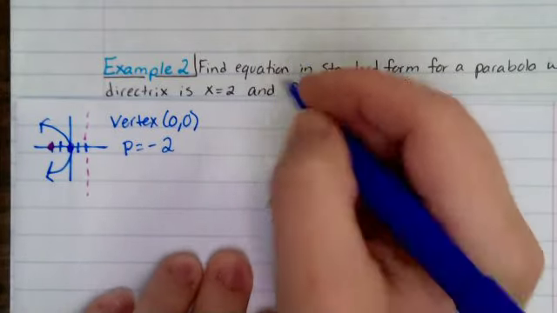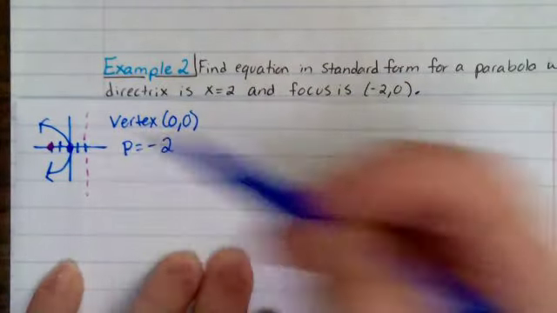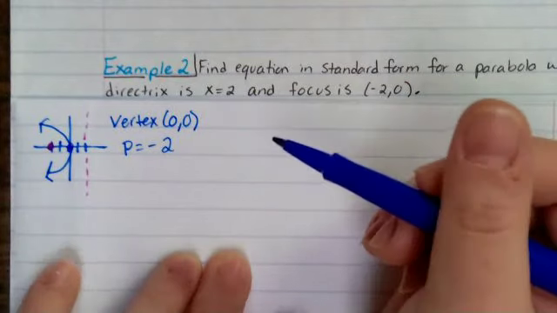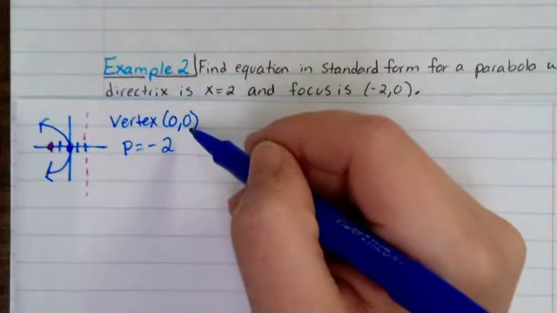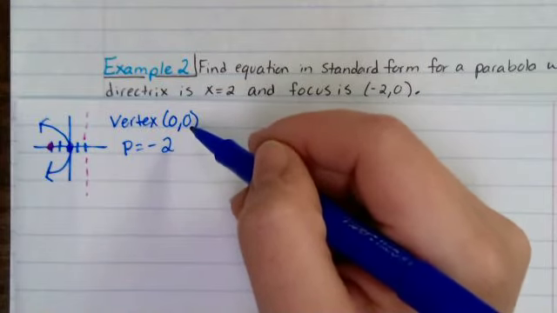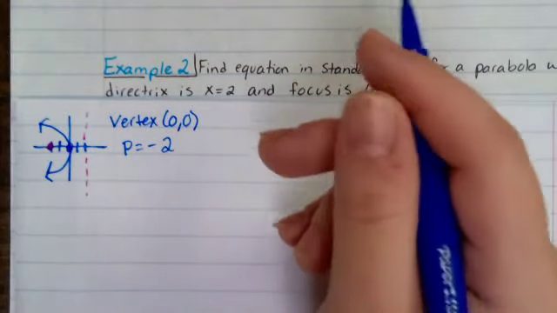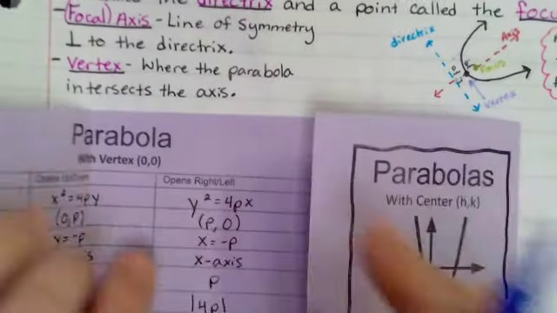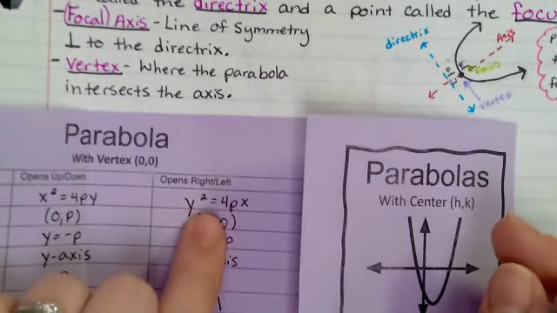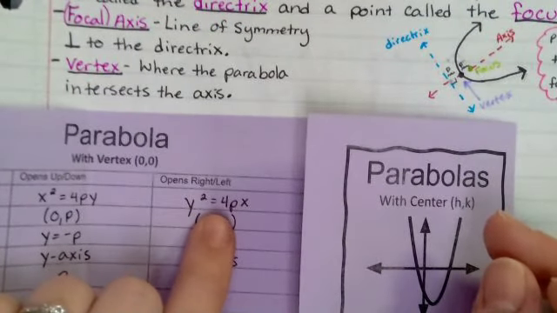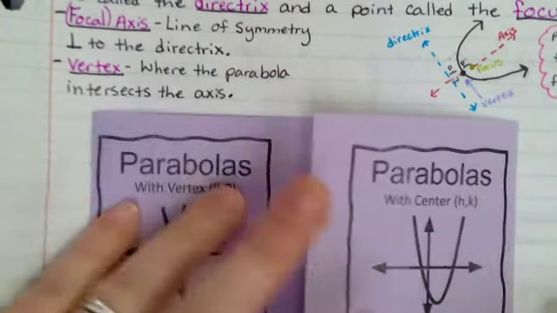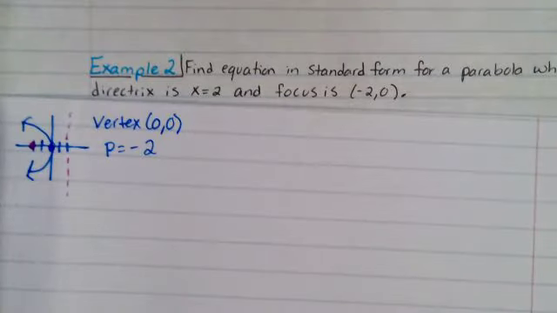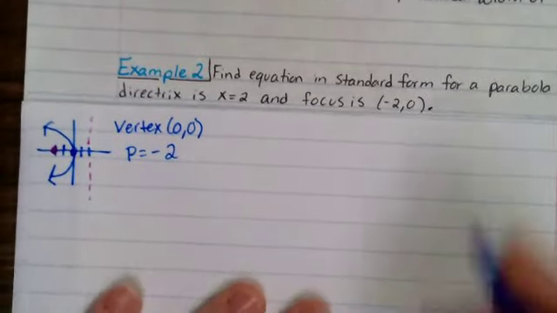All right. Now we have decided also it's opening left, right? So we're opening horizontally. We got a vertex of 0, 0. And that means I'm supposed to use that equation from our last page. Let's go back to it again. Opening right or left, we're using this equation right here. So y squared equals 4px. That's what we want.